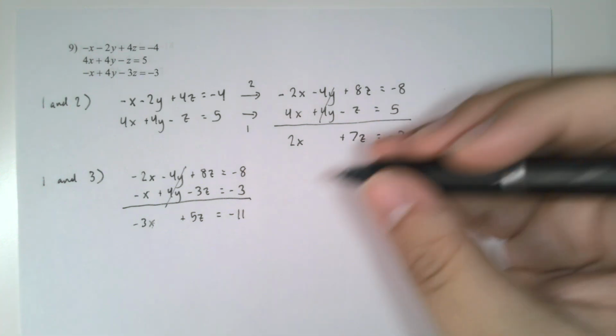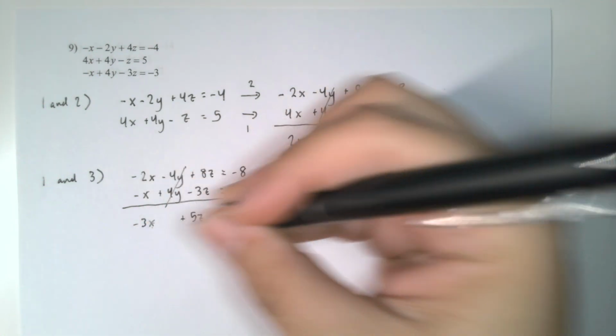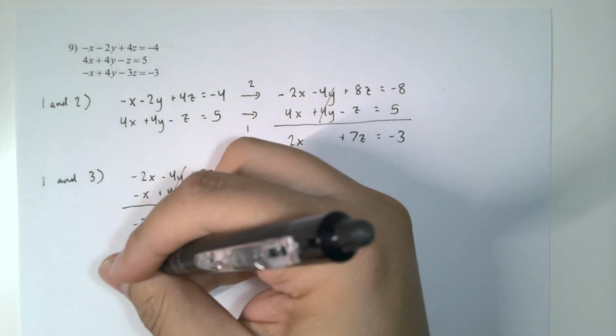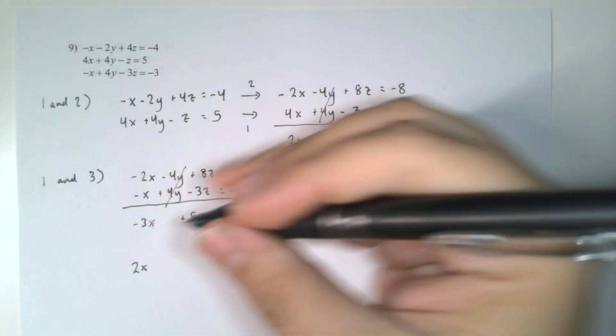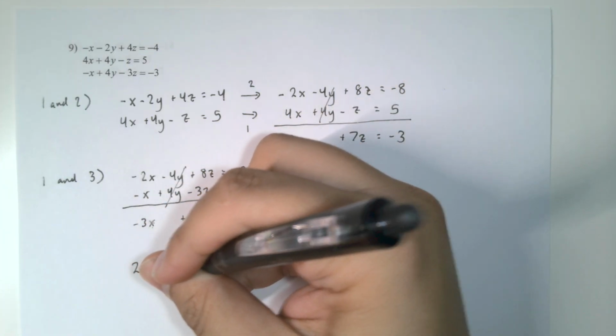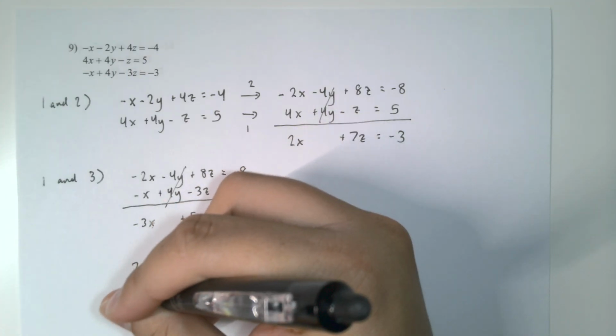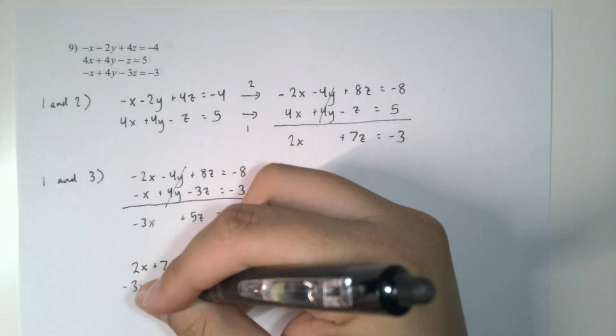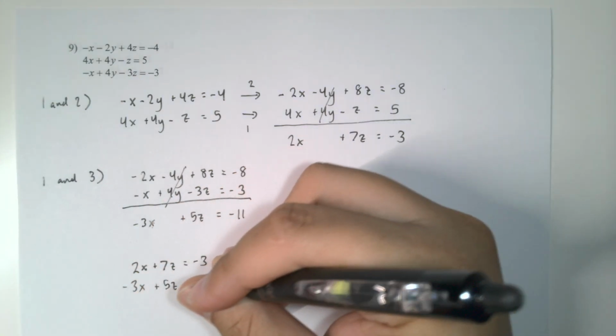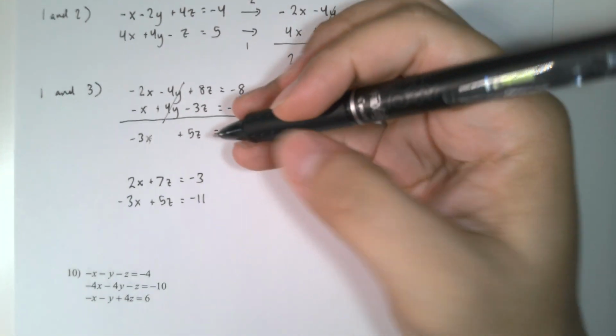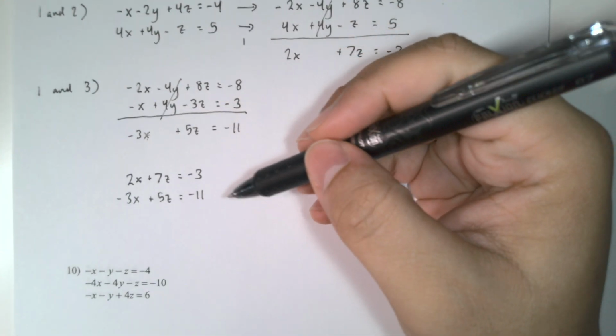So if I take these two equations, 2x plus 7z is equal to negative 3, and then negative 3x plus 5z is equal to negative 11. We've got to eliminate a variable.